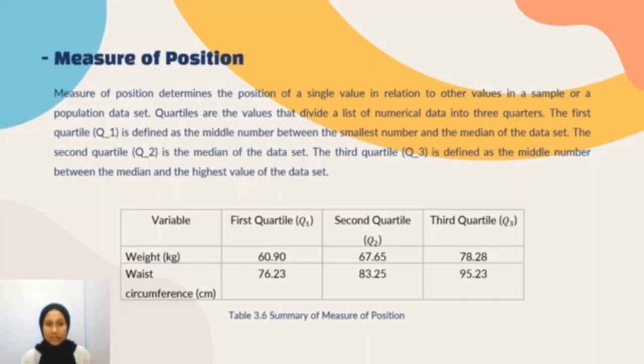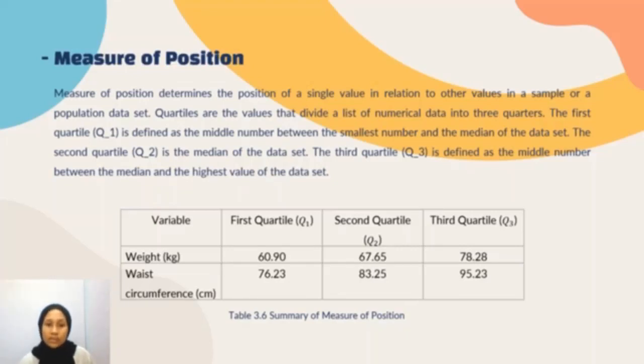Table 3.6 shows that 75% of persons weigh more than 60.9 kg and 25% of persons weigh less than 60.9 kg. 50% of persons weigh more than 67.65 kg and 50% weigh less than 67.65 kg. And 75% of persons weigh less than 78.28 kg and 25% of persons weigh more than 78.28 kg.